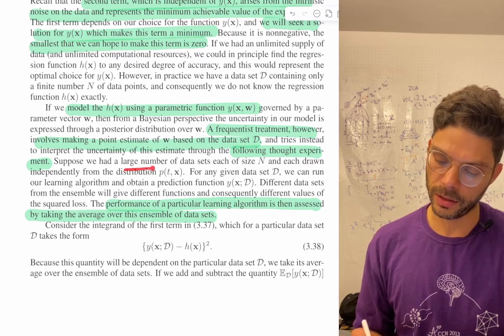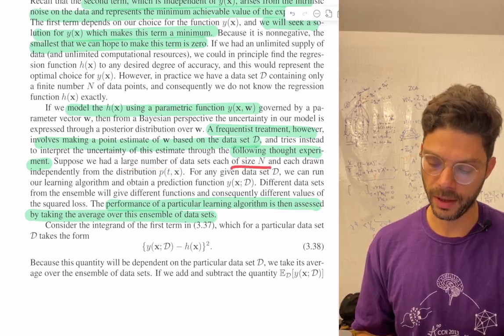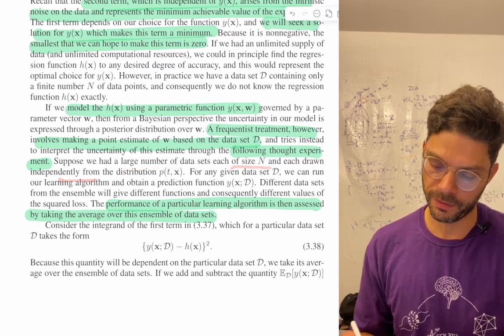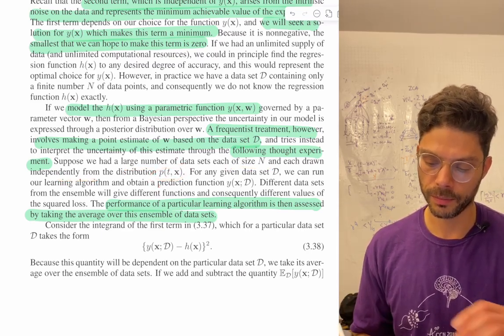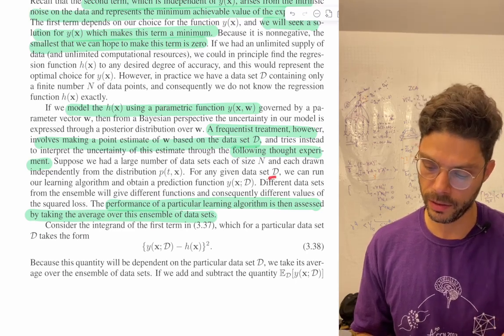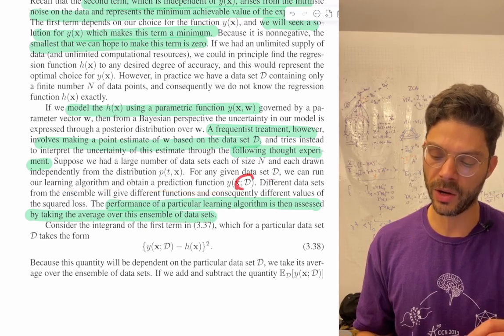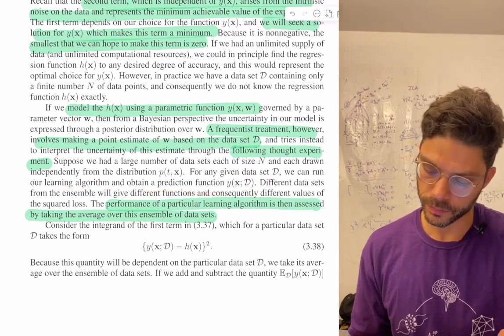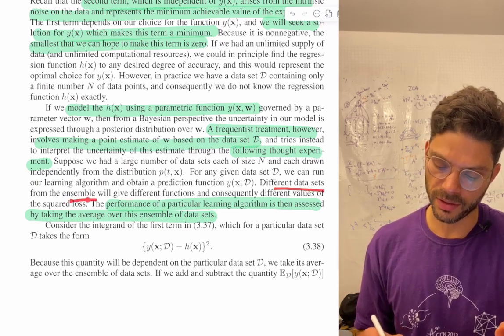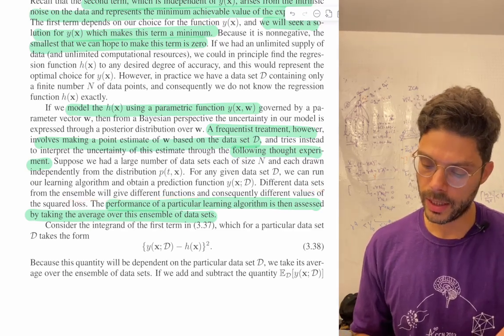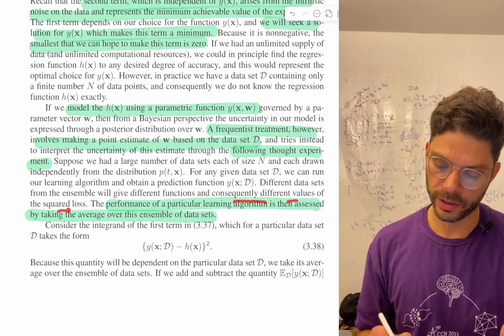Suppose we had a large number of data sets, each of size n, and each was drawn independently from the distribution p of t and x. For any given data set, like the one we have, D, we can run our learning algorithm and obtain a prediction function y of x based on D. Different data sets from the ensemble will give different functions and consequently different values of the squared loss.